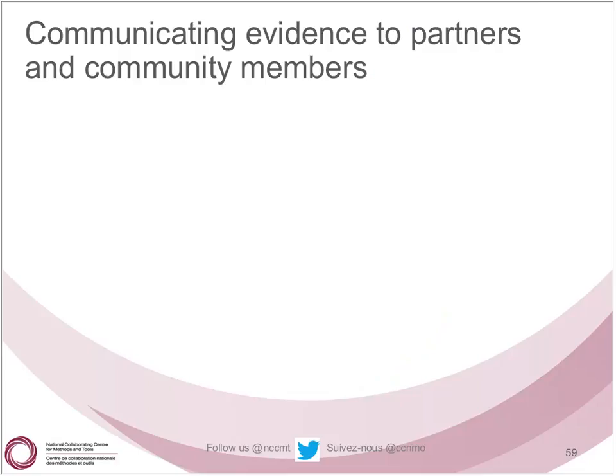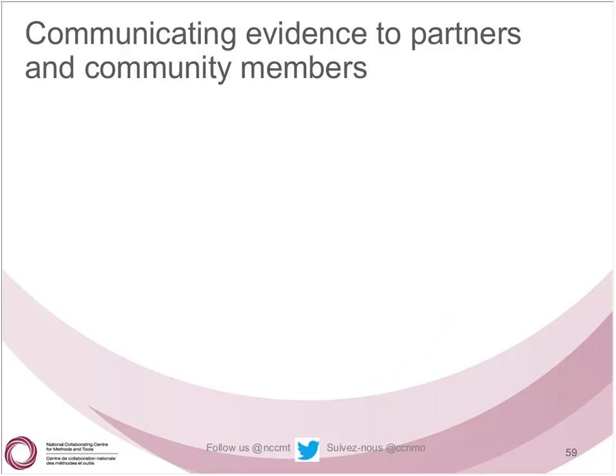And one of the things to think about at this step is how to communicate evidence to your partners and community members. Now, if you work in public health, I know that often people around a multi-sector table, the people from public health often are bringing the evidence to that table.